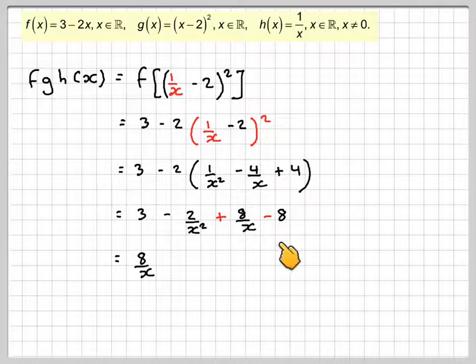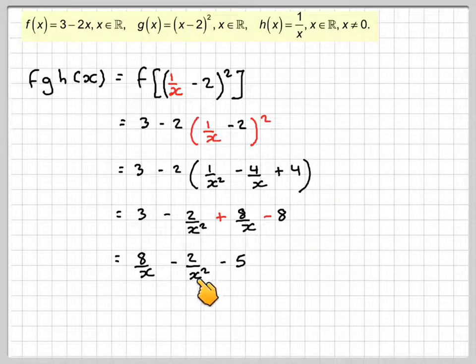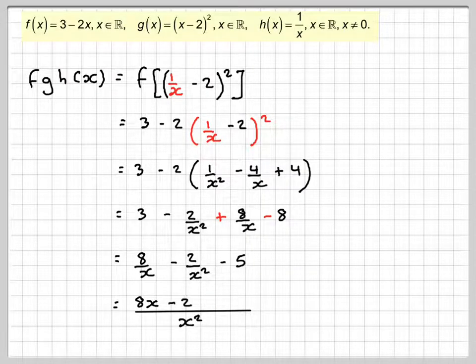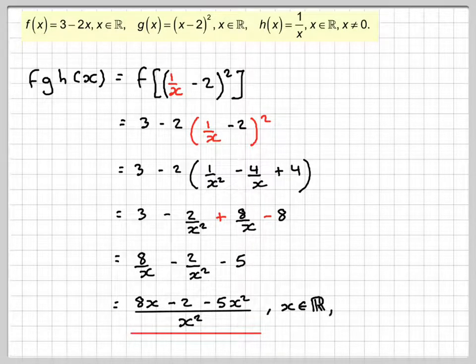So that gives 8 over x minus 2 over x squared, and then 3 minus 8 gives minus 5. Now we need a common denominator, so we take x squared. That means 8 over x needs to be multiplied by x, giving 8x, then minus 2, and then minus 5x squared. The domain is x belongs to R, but x cannot be equal to 0. Notice that x could not be equal to 0 in the beginning when we had h.